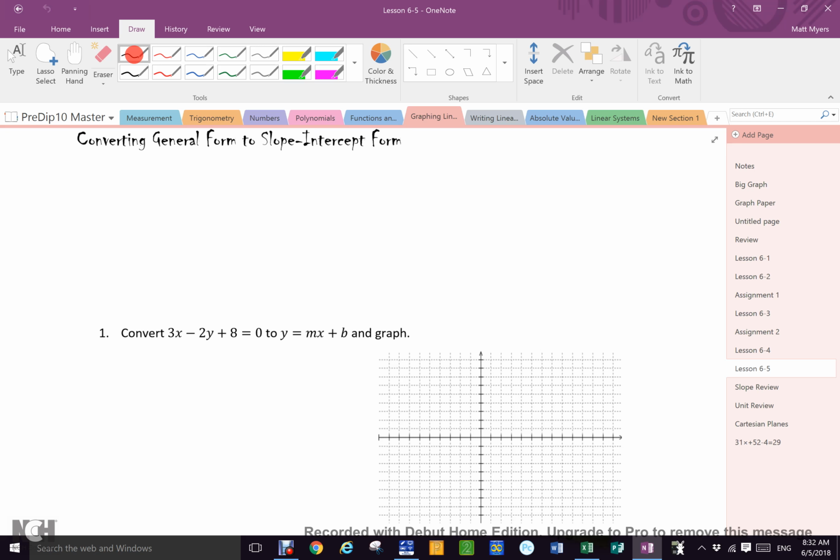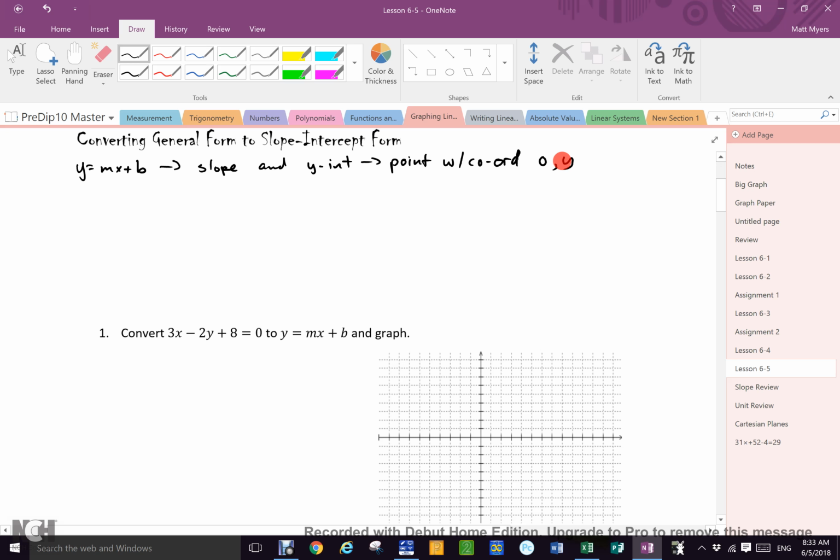You are seeing slope-intercept form that you already know. Y equals mx plus b. And in that, you know that you can get a slope immediately and a y-intercept immediately, which is just a point on the graph with the coordinates 0, y.